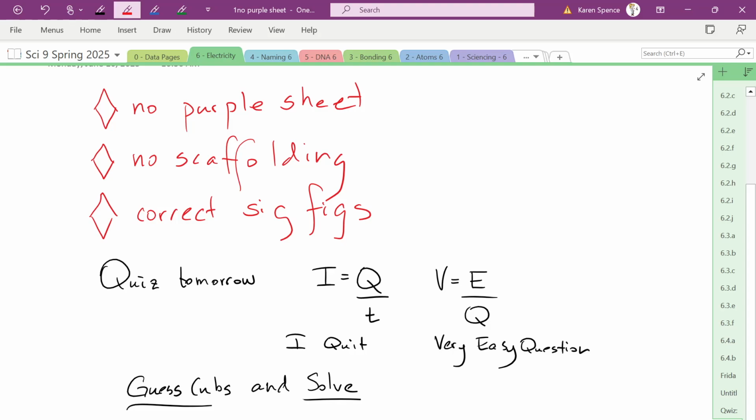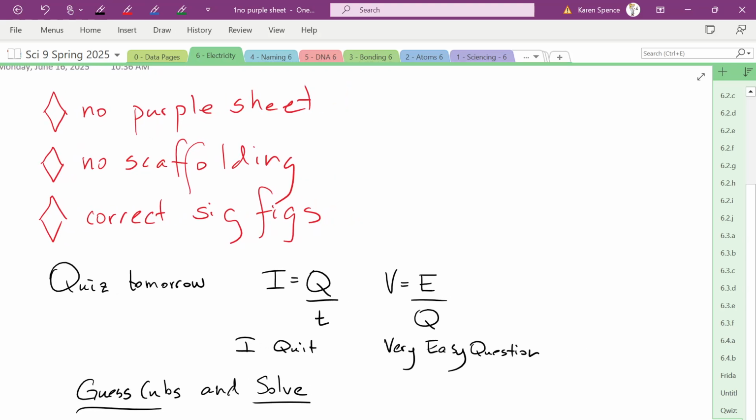You will get possible enriched credit for not using the purple sheet, for having no scaffolding, for having correct sig figs, and there will be another one for unit cancellation.